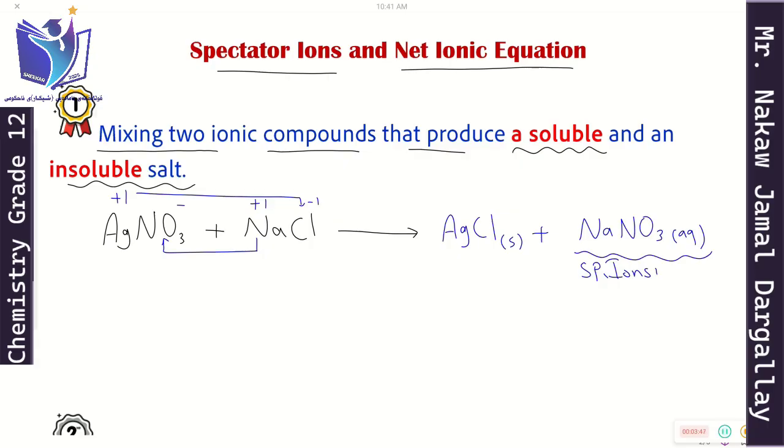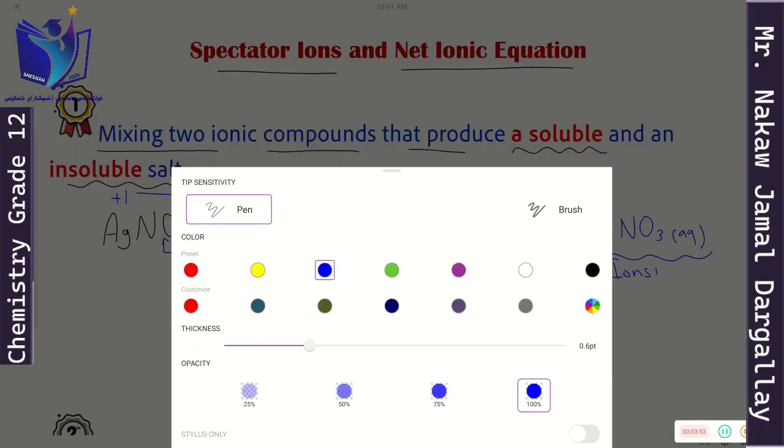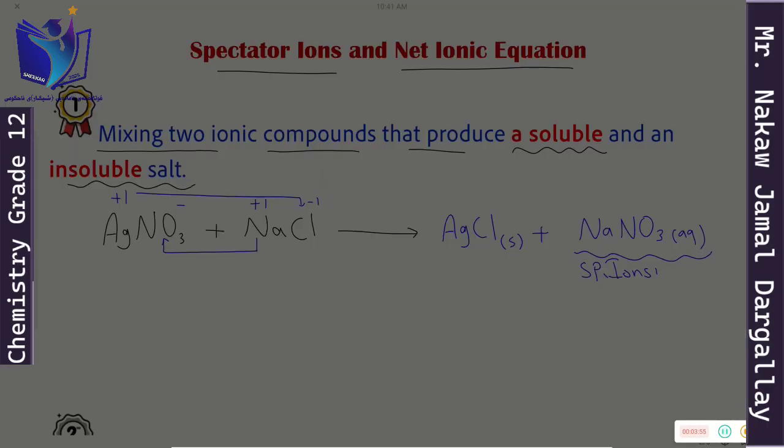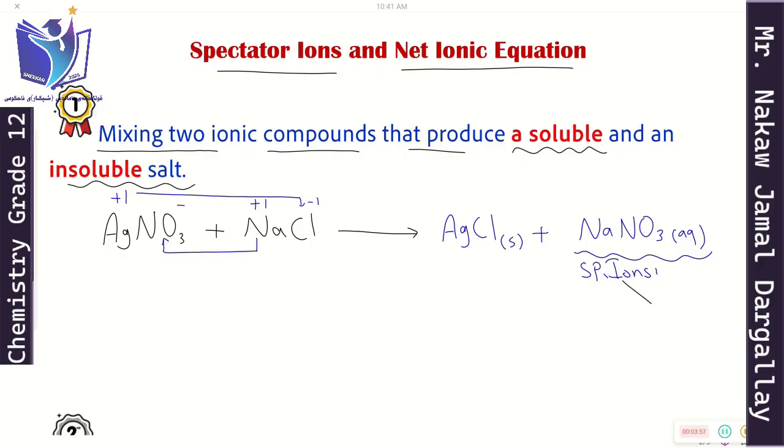So the spectator ions of the equation are Na positive and NO3 negative.